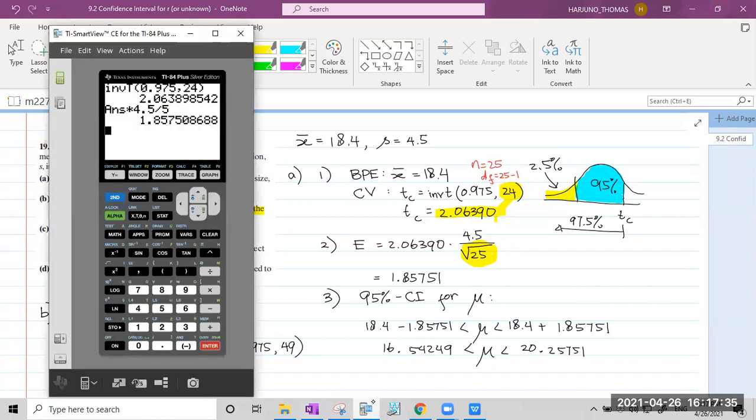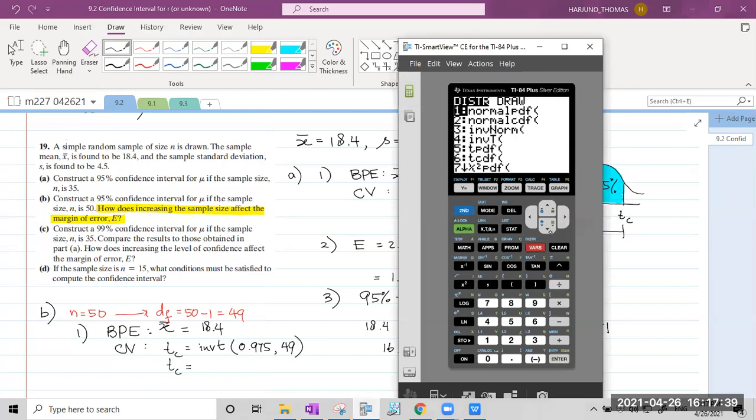Okay, let's see again how to do that. It's inverse T, not inverse norm. The area to the left, oops, I'm sorry. This is not correct. I punched it wrong. Quit. This is inverse norm, inverse T. The area to the left is 0.975.